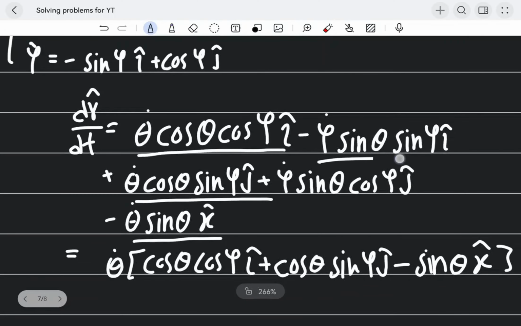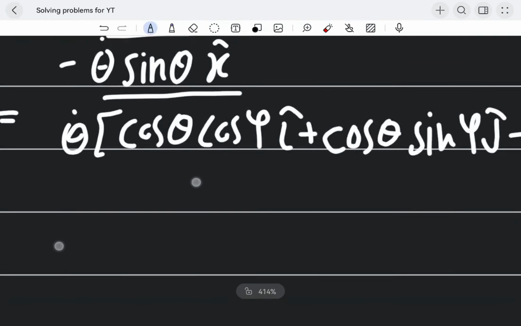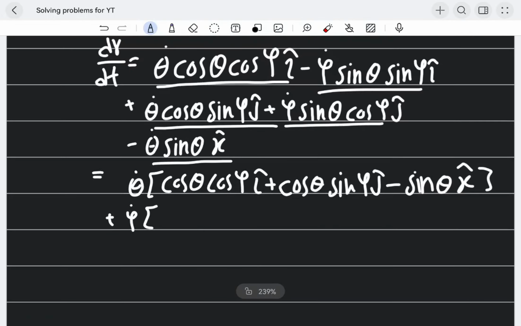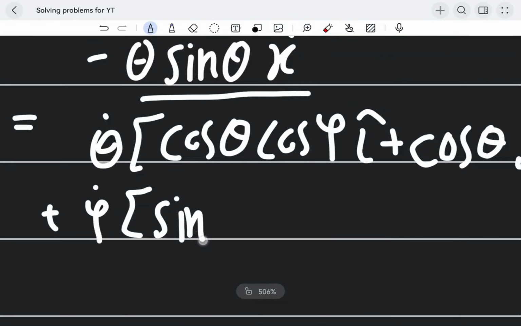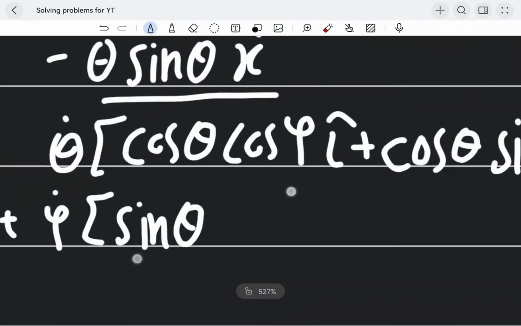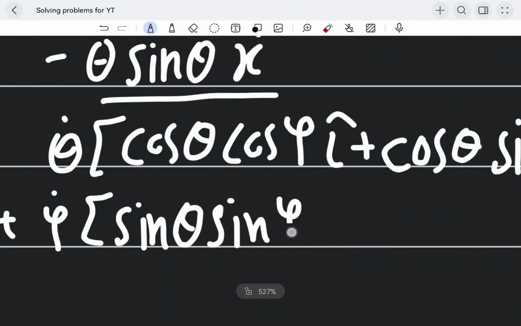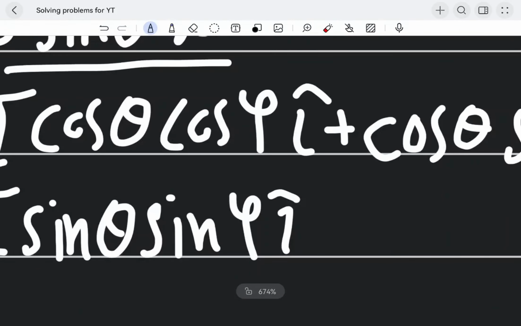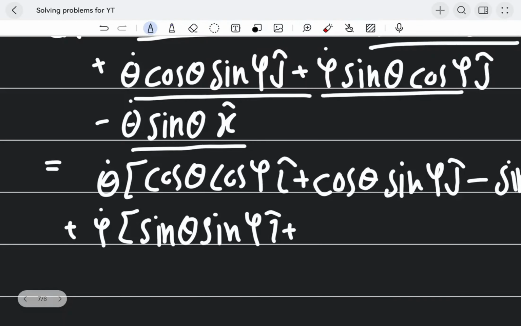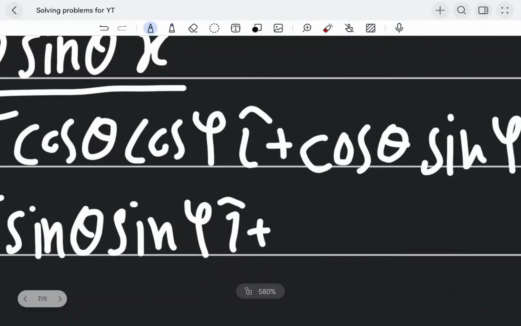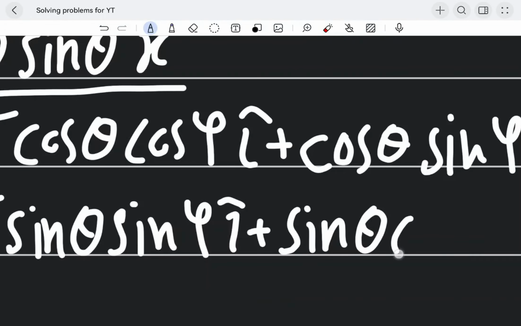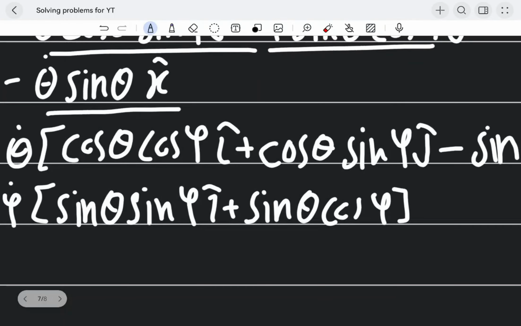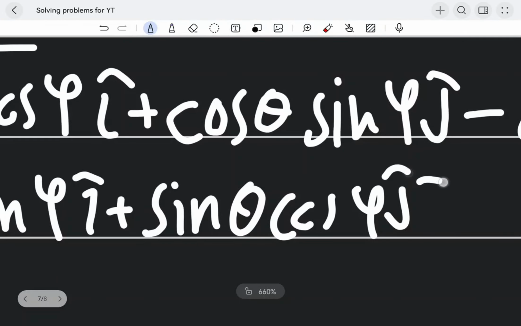And in terms of phi dot, we will take phi dot as a common factor, and then leave sine theta sine phi i hat plus sine theta cosine phi j hat.